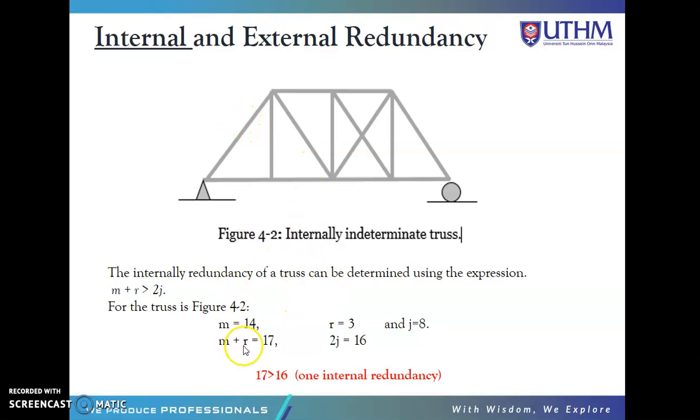Here, m + r is 17 and 2j is 16. So m + r is greater than 2j, and this will become the internal redundancy.